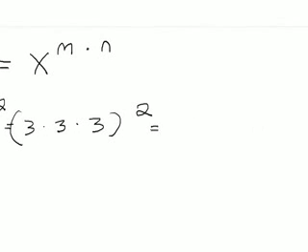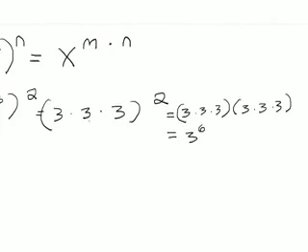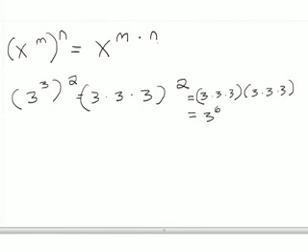And so I would get 3 times 3 times 3, and then 3 times 3 times 3. And then now we have all the 3's expanded. So how many 3's do I have? I have 6 of them. 3 to the 6. And so does our little rule work? M times n, 3 times 2 is 6.